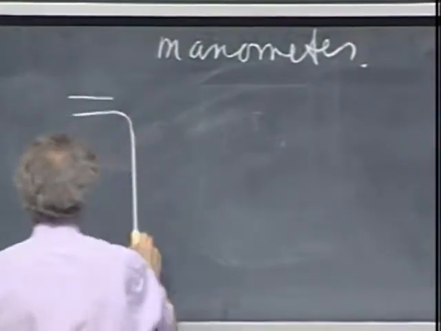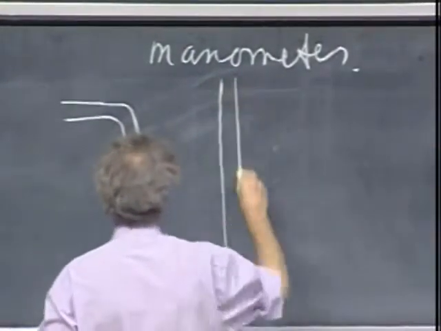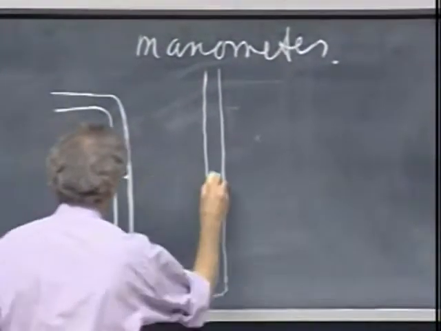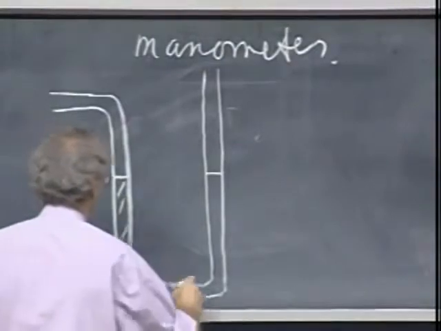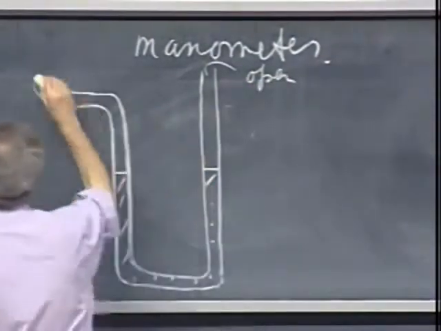A manometer is a simple tube, could be made of anything, but a plastic tube would be fine. And we have liquid in here. It's open here, and it is open here.